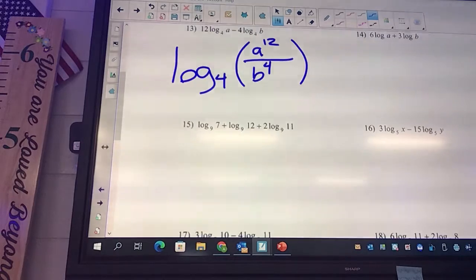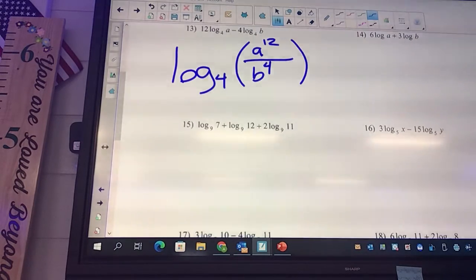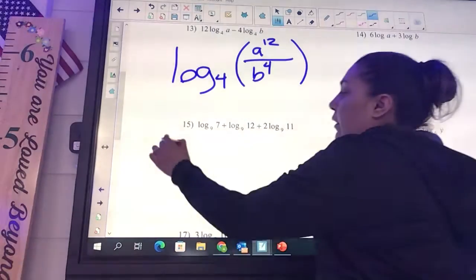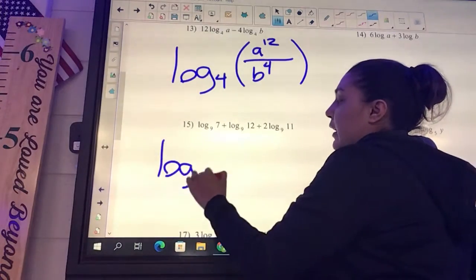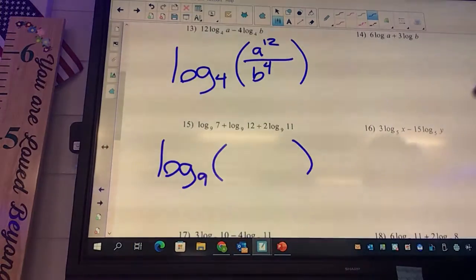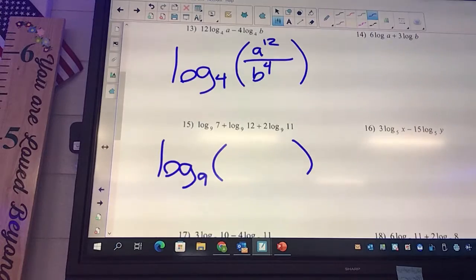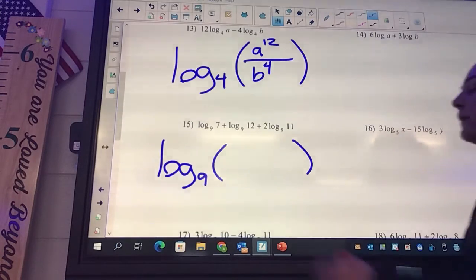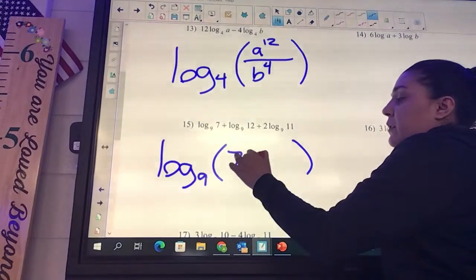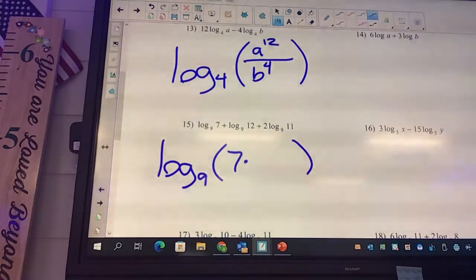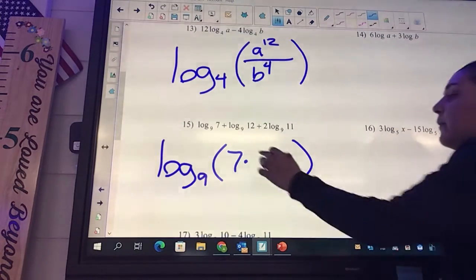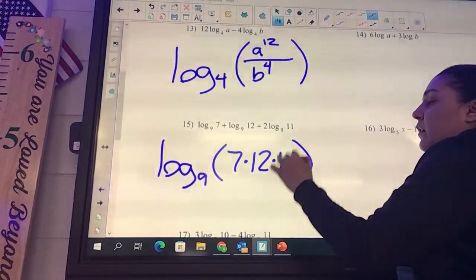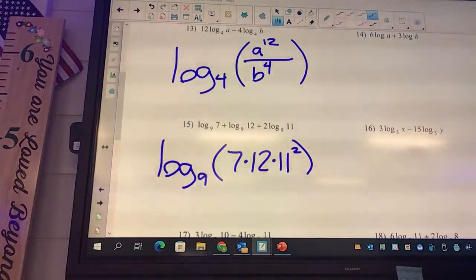Okay, is this going to be division or multiplication? Multiplication. Our log 9. What's going to be our first one, Ruby? It's just 7 times, either do the dot or do the times sign, because you guys are going to get mixed up. 12 times 11 to the second power. Did I do that right?